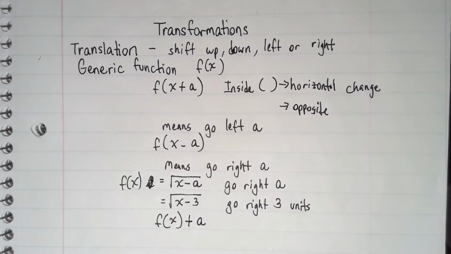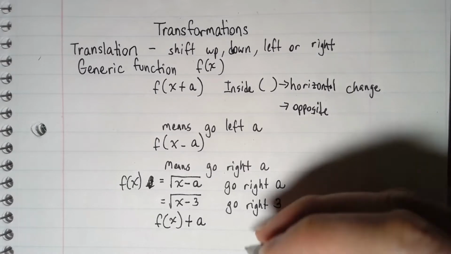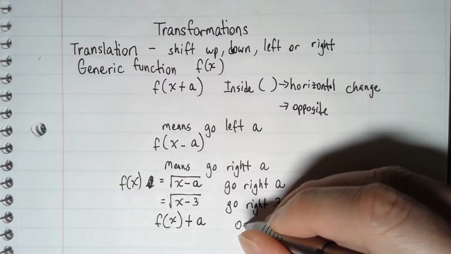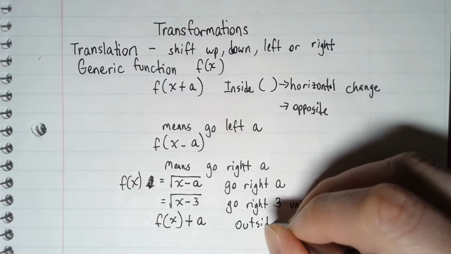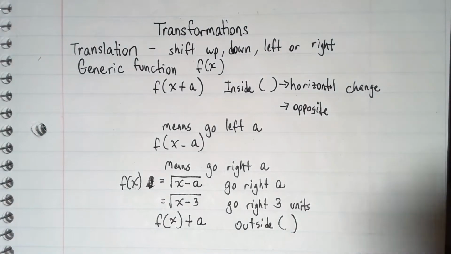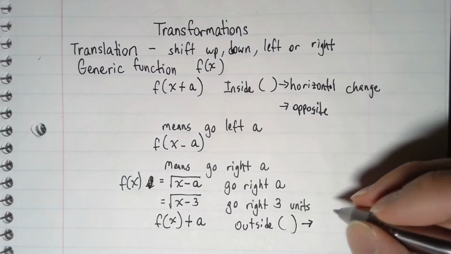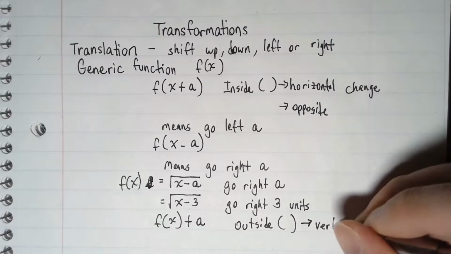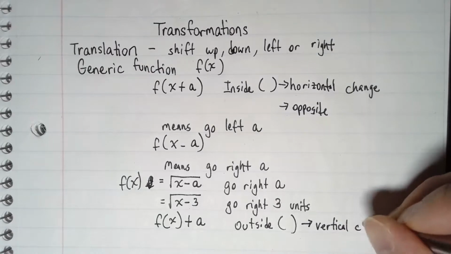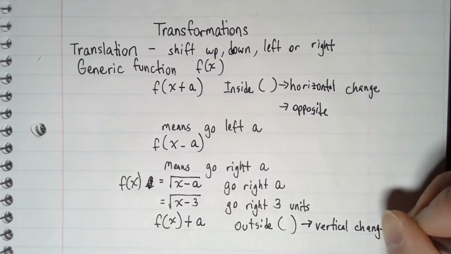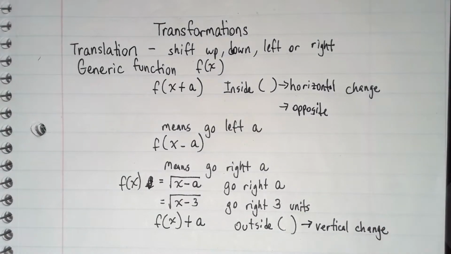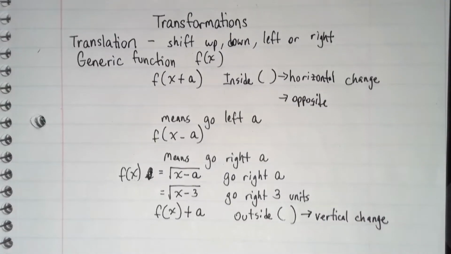It is happening outside the parentheses. And when you're outside the parentheses, it's not horizontal, it is going to be a vertical change. So it's going to be about up or down.